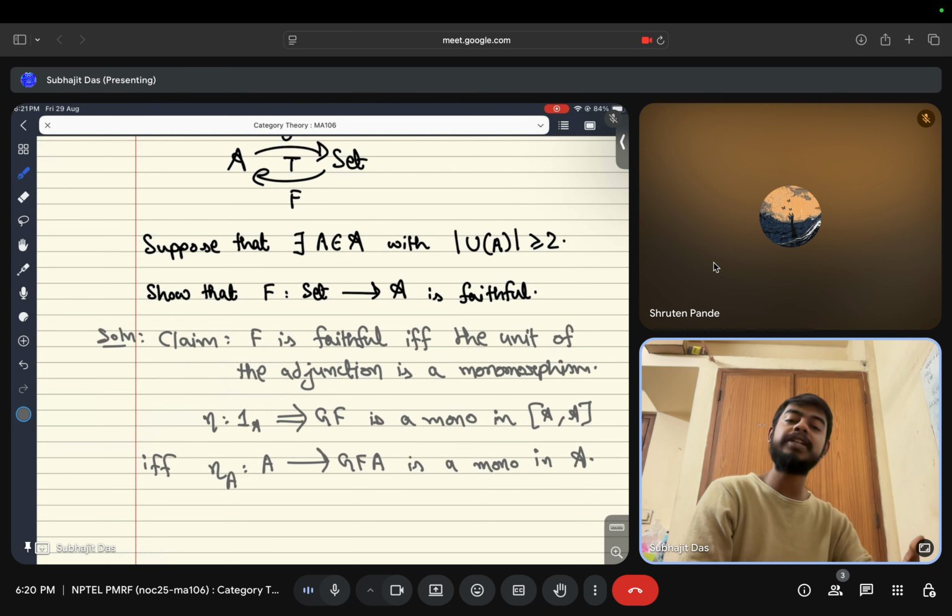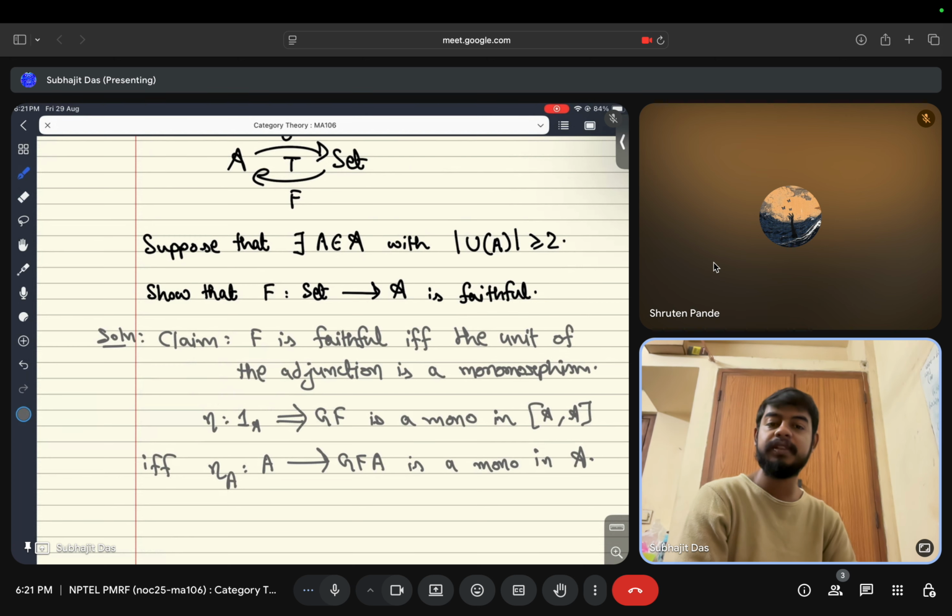So a natural transformation is a monomorphism in a functor category if and only if each component of it is a monomorphism, and dually a natural transformation is an epimorphism in a functor category if and only if each component of it is an epimorphism. Have you seen this this week or sometime before? If you haven't, try to think of some idea. The proof is pretty simple.